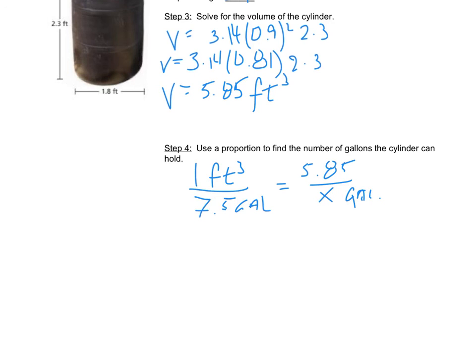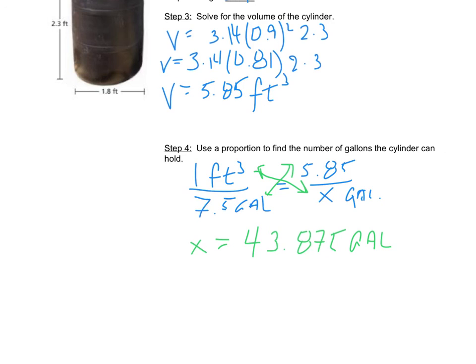So proportions will say, I'm going to multiply my numerator times the opposite denominator. So 1 times x, I don't need the labels while I do this, is just 1x. Then I do 7.5 times the 5.85, and I get 43.875.